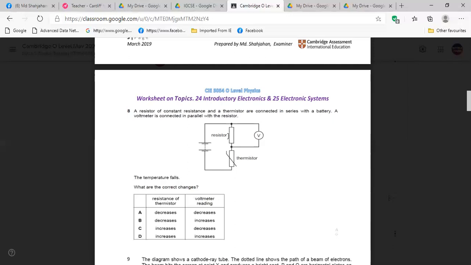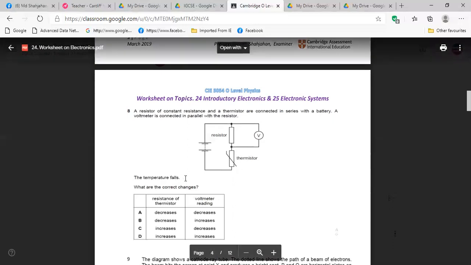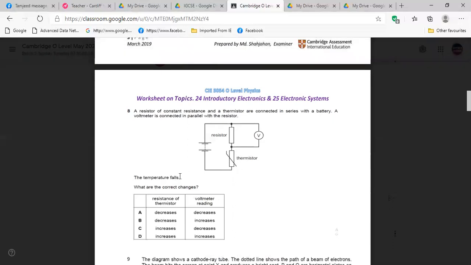Wait, what? If voltage sharing is more? Voltage sharing is more in the thermistor. You label it. Label here. If temperature falls, then you write resistance is more in the thermistor. Then next step you write voltage sharing is more in the thermistor. Did you write? Yes, sir.